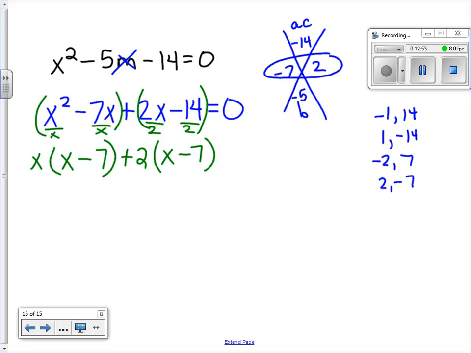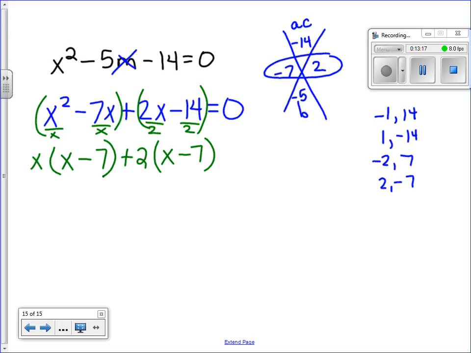Alright, so you end up with something that looks like this. Notice how both of these are exactly the same. If those aren't exactly the same, you've done something wrong, and you need to erase it and start again. These should match exactly. Because what we're looking at here is FOIL, distributive property, whatever, backwards.